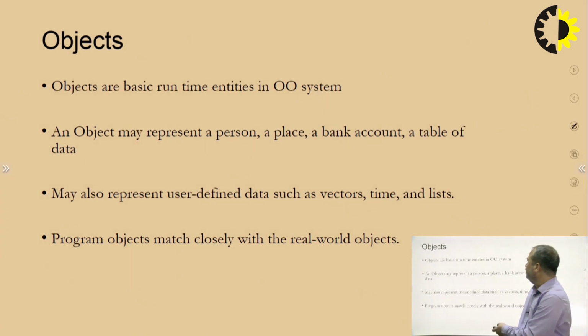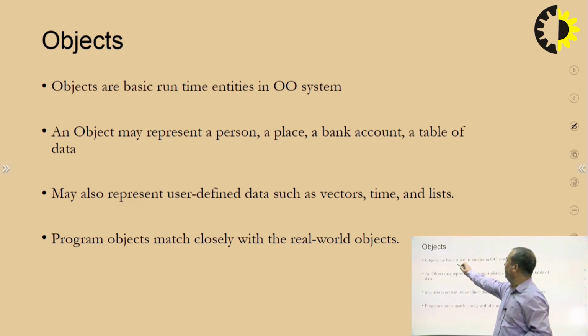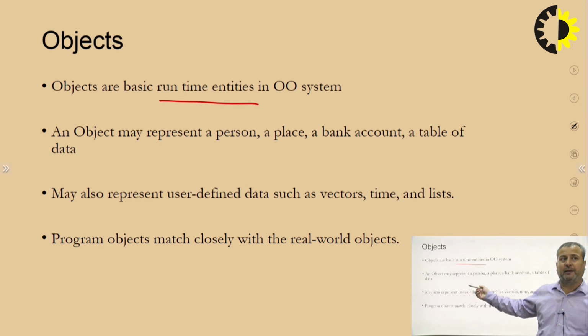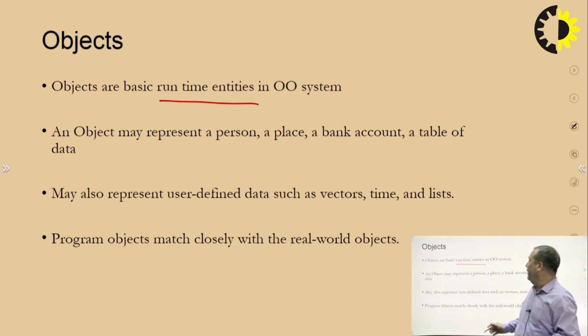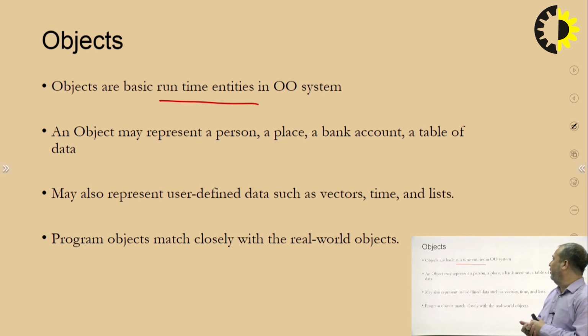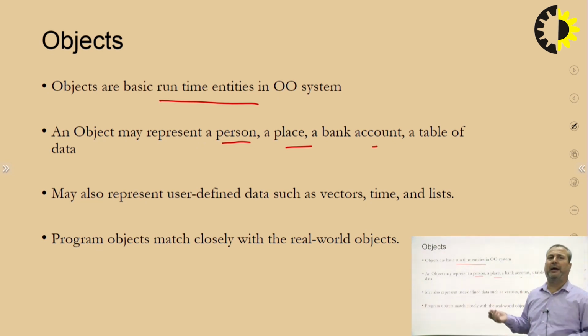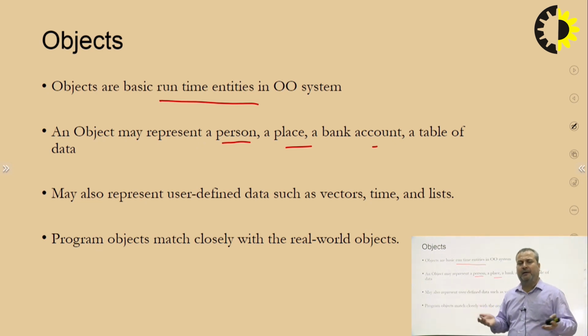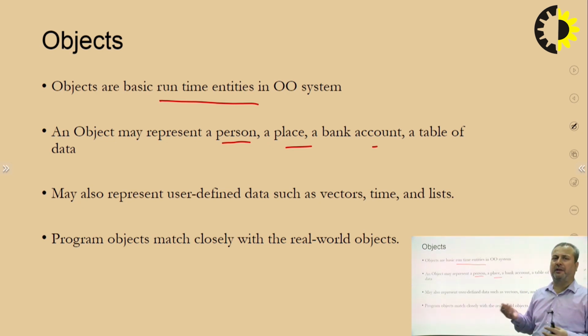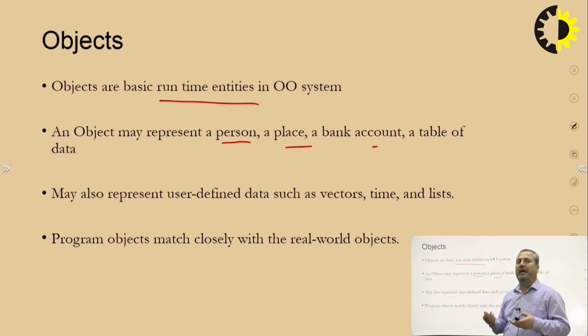So what are objects? Like we have said, objects are basic runtime entities. They take memory in the system. In an object oriented system, an object may represent a person, place, bank account, table, etc. Like employee, customer, student. These are all classes, and you can create as many variables as you want.